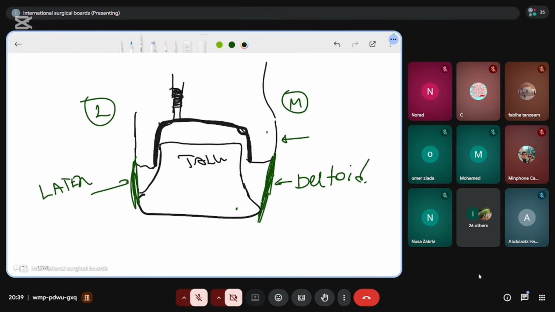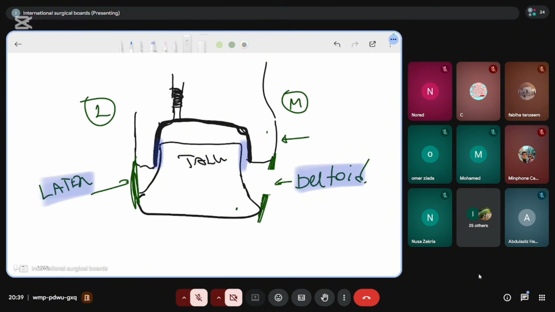Now, normally this space and this space should be equal. The spaces inside the joint should be equal. What holds the talus inside is these ligaments, the deltoid and the lateral ligament complex. If there is injury to the deltoid ligament, suppose the deltoid ligament completely ruptures, it cannot hold the talus in place anymore, right?